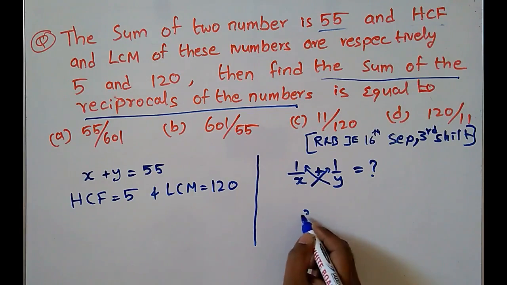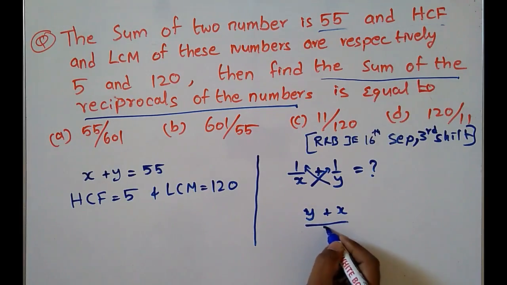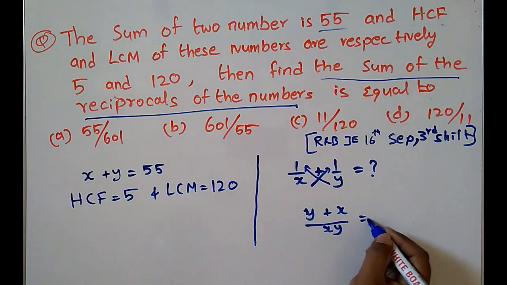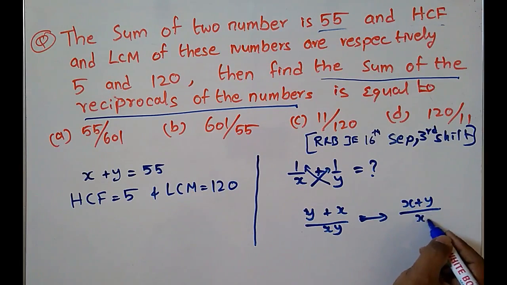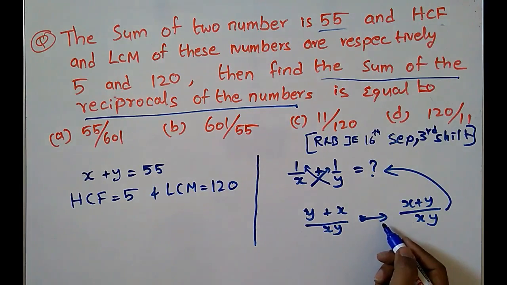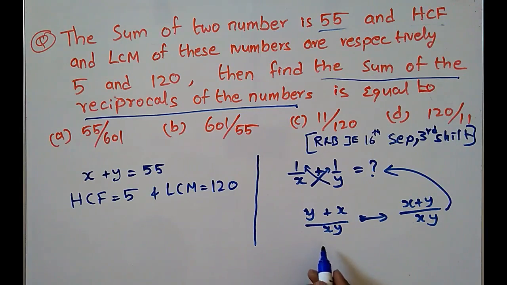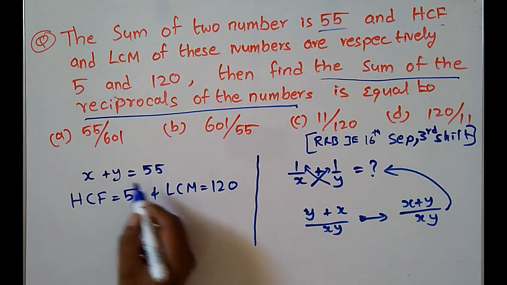If we cross multiply, we get y plus x by xy, which can also be written as x plus y by xy, which is nothing but the sum of the reciprocals of the numbers. So we already have x plus y.